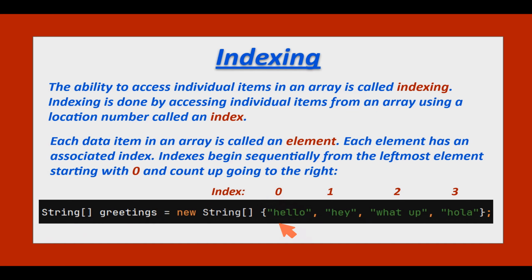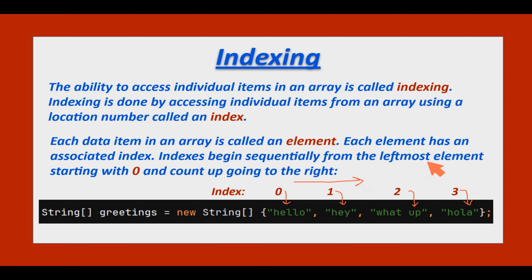Again, these are like addresses. Where is the item in the array? Well, hello is at item 0. Hey is at 1. What up is at 2. And hola is at 3. So these are the corresponding indexes, and as you see, they increase going to the right. So that's how indexes work.